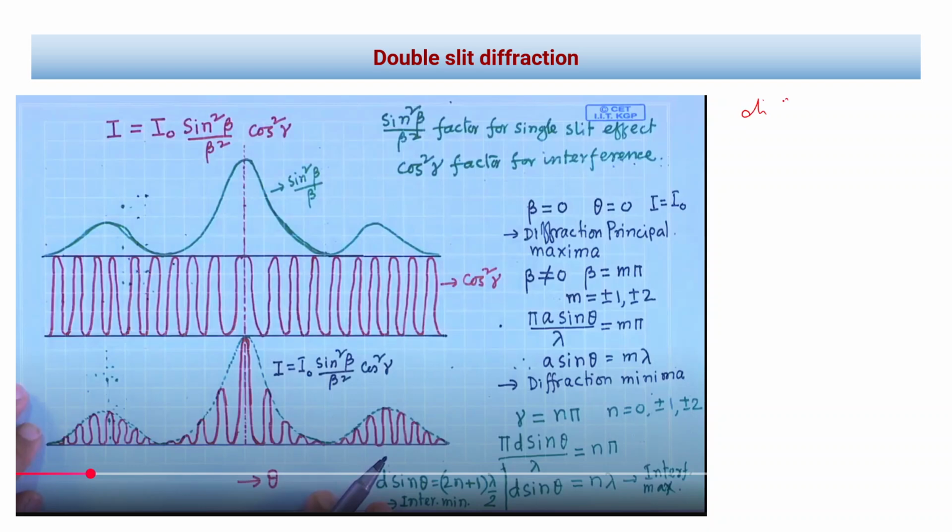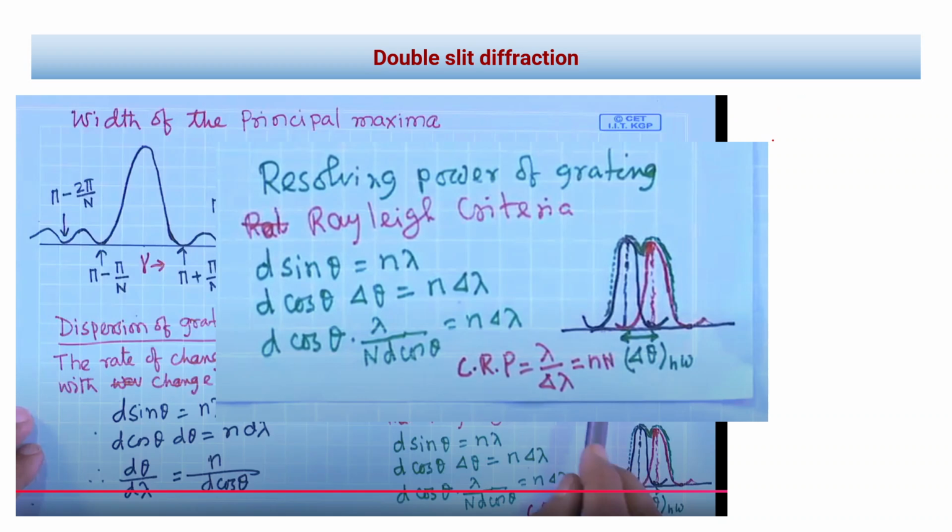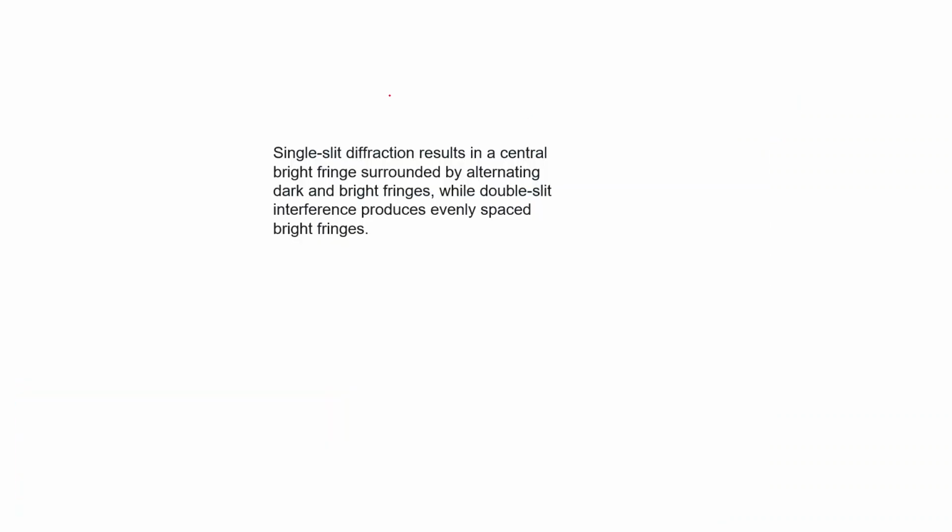So in single slit diffraction, we had a central bright fringe surrounded by alternating dark and bright fringes, while double slit interference produces evenly spaced bright fringes.